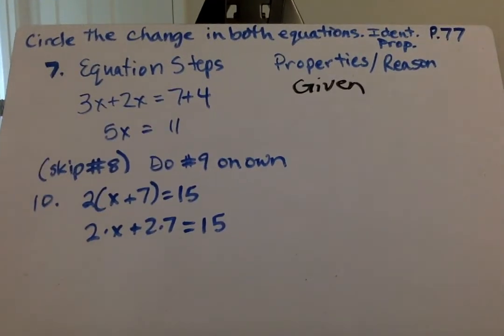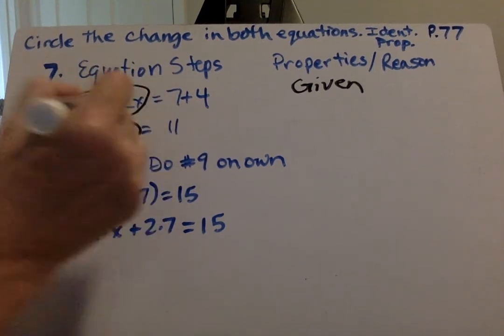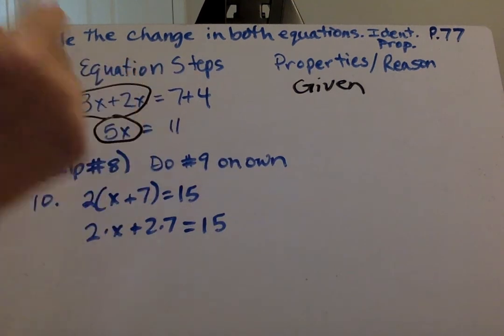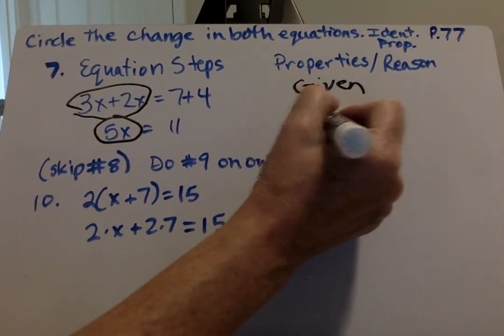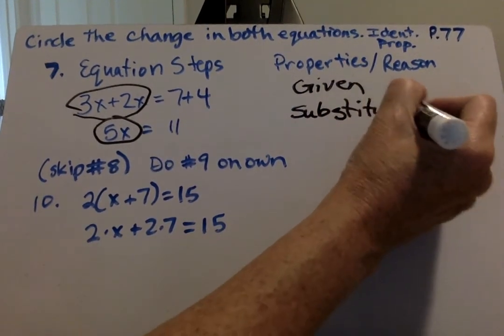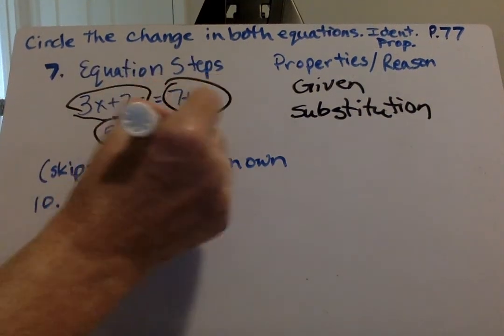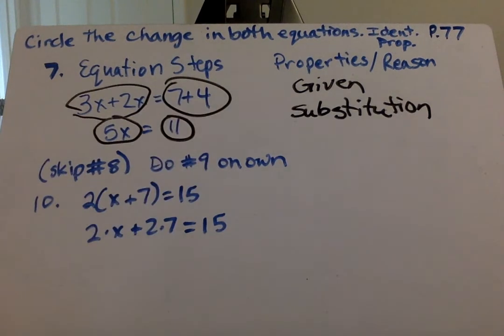Okay, next. Look what changed. It went from 3x plus 2x to 5x. And what do we call that? We simplify, but the actual property name is substitution. Okay, and we also substituted 7 plus 4 for 11. So when we're simplifying, we use the substitution property.